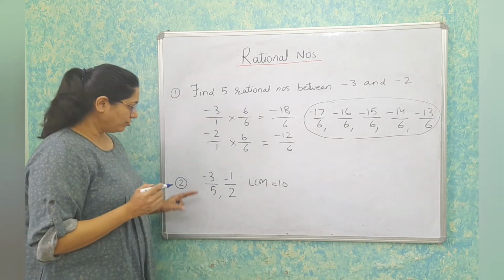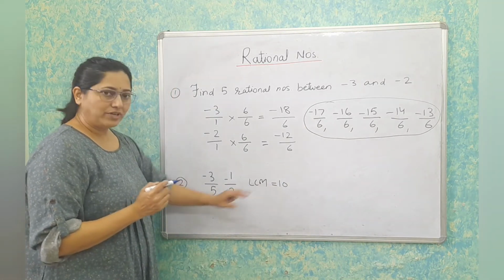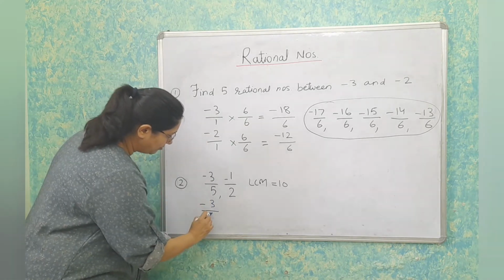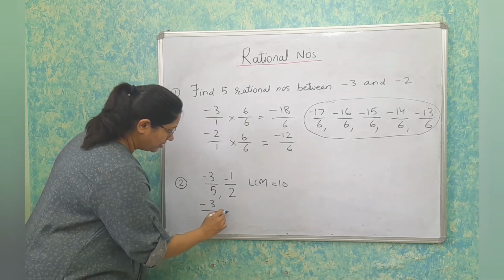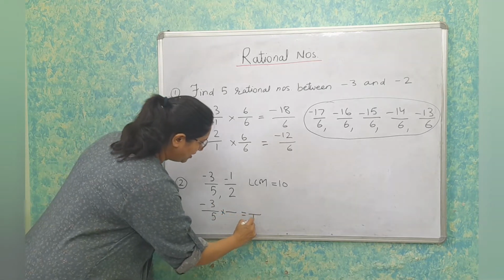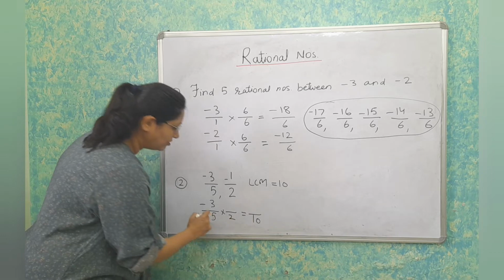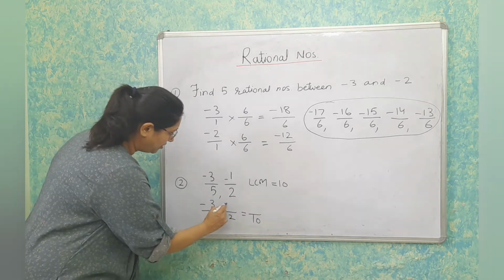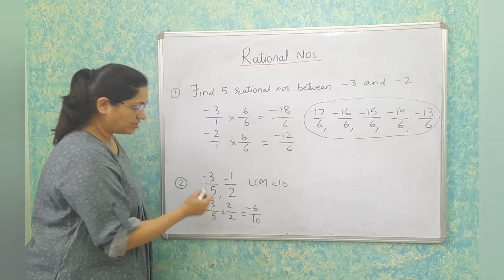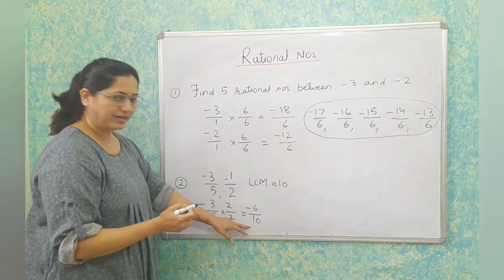Again I have to change this 5 into 10 and how can I do that? First I will take -3 upon 5, then I will multiply 5 with a number to make it 10. 5 2s are 10. So again I will multiply -3 with 2 and 3 2s are 6. So first number is changed into -6 upon 10.